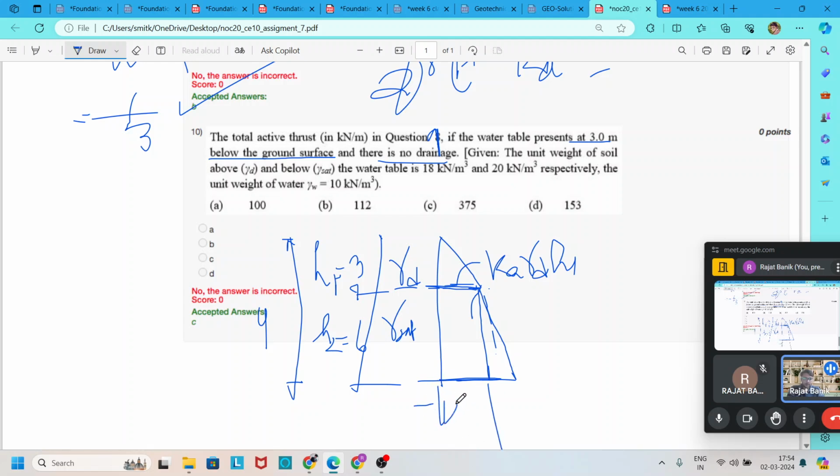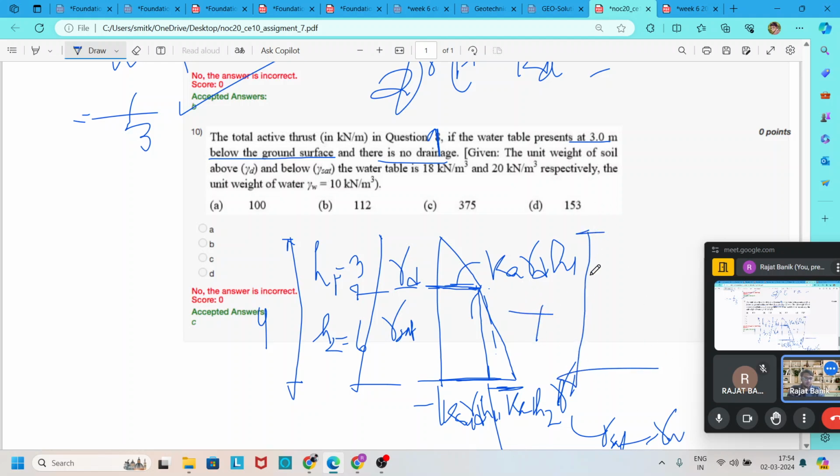It becomes Ka gamma d H1 plus Ka H2 into gamma submerged, that is gamma sat minus gamma W, plus the pressure of the water. From here we consider the water, so the pressure at this point is gamma W into H2.